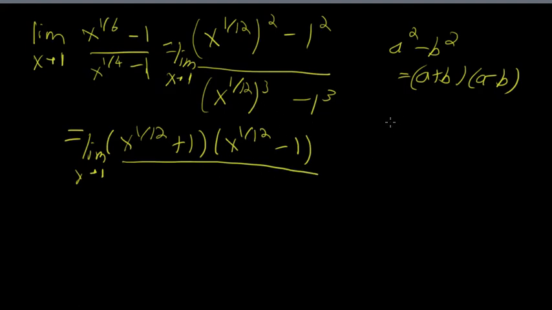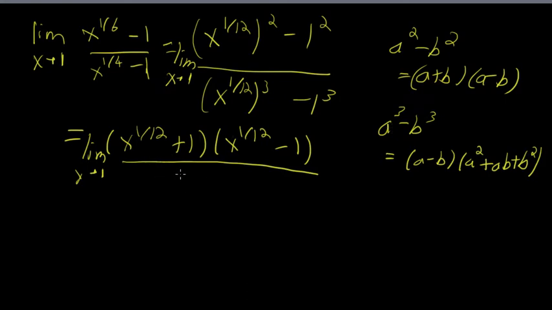The denominator, we have the form a cubed minus b cubed. And that is a minus b times a squared plus ab plus b squared. I've gone over this in other videos, but if you don't believe me, you can expand this expression, and you'll see that all terms but the a cubed and b cubed terms drop out.